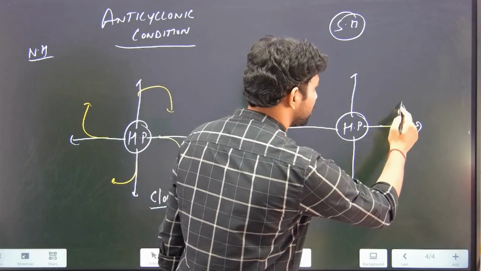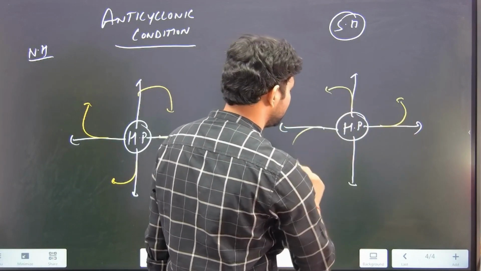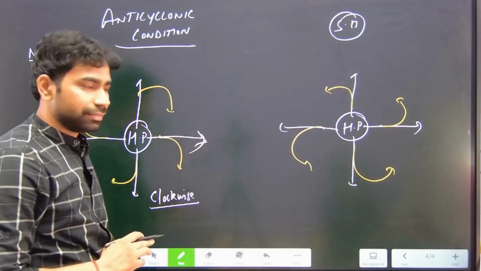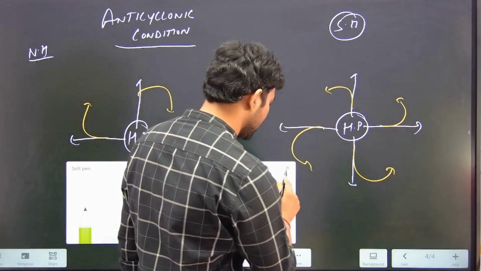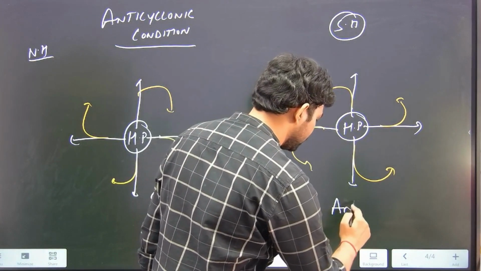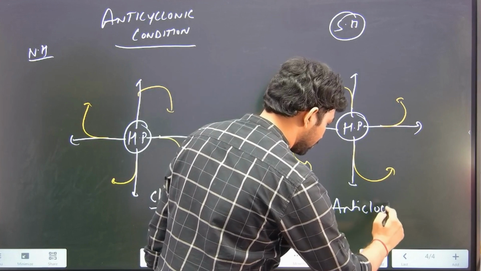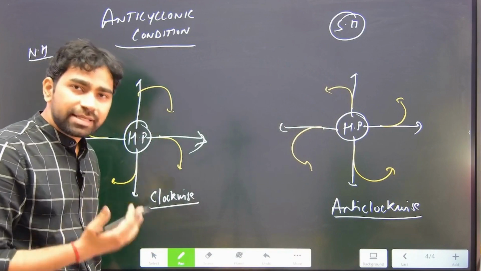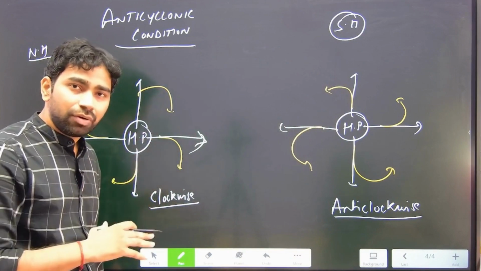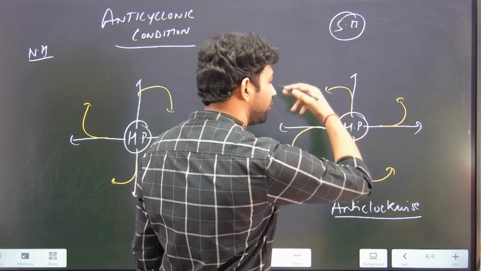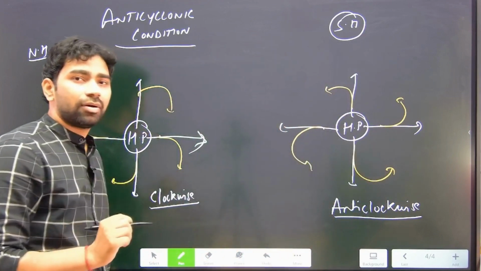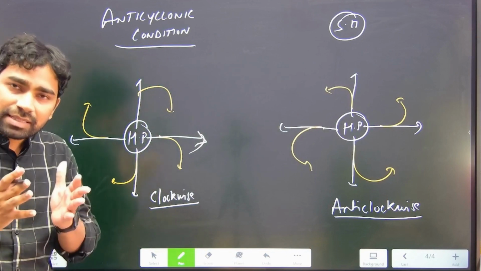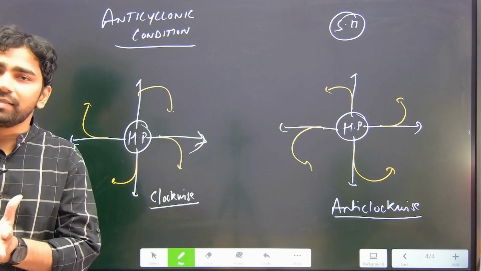So now this is the direction, and this is the anti-clockwise direction. So we can say that in the southern hemisphere, in the anticyclonic like condition, because of the Coriolis force, the direction of the wind is anti-clockwise. So this is the basic difference between the cyclonic like condition and the anticyclonic like condition.